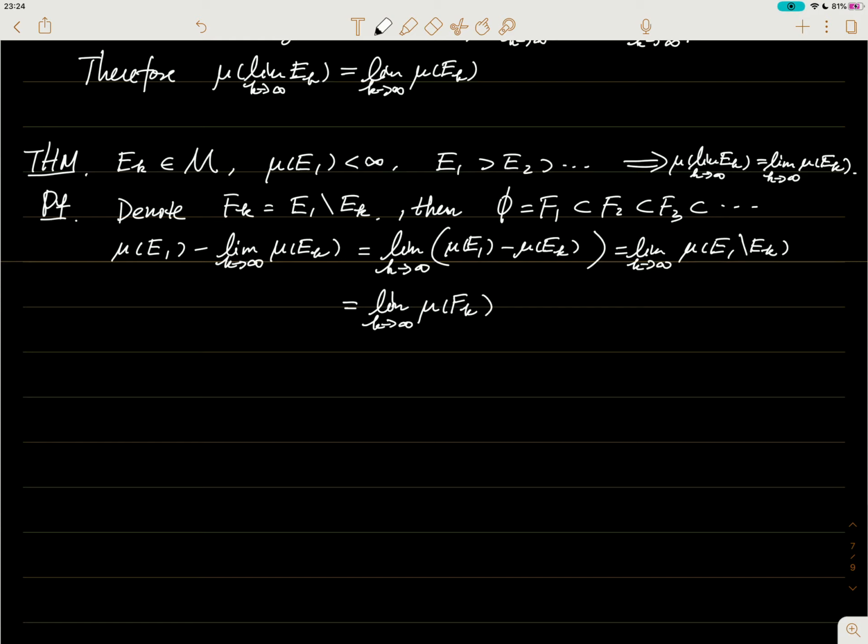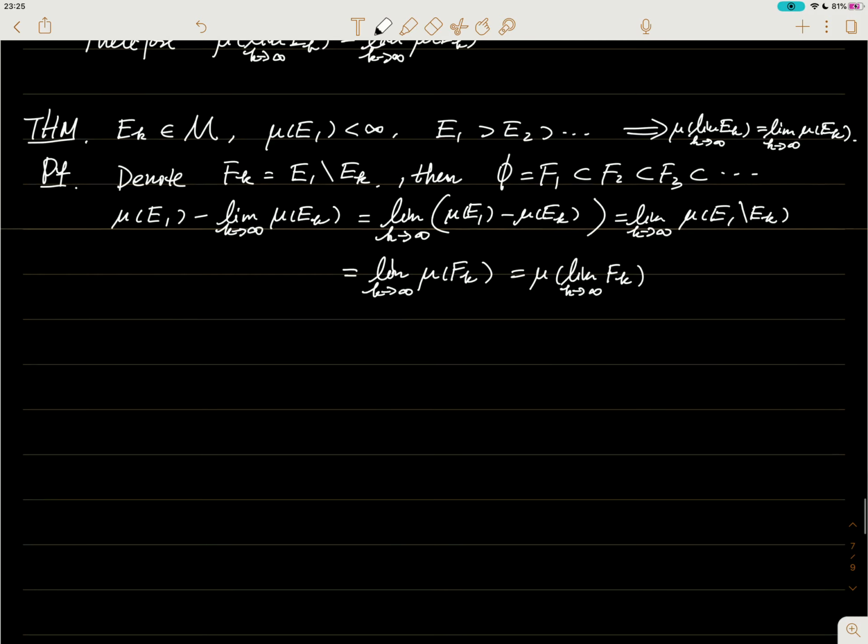And now because Fk is increasing, according to the previous theorem, this should be equal to this. Right? And then we can see this right hand side, the mu of the limit is just equal to the union of them, because this is increasing.